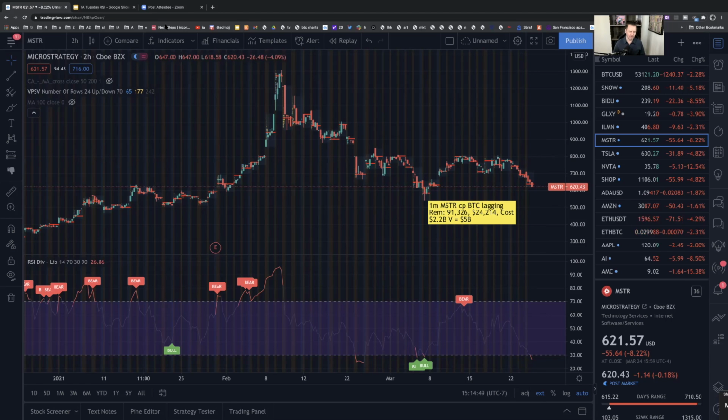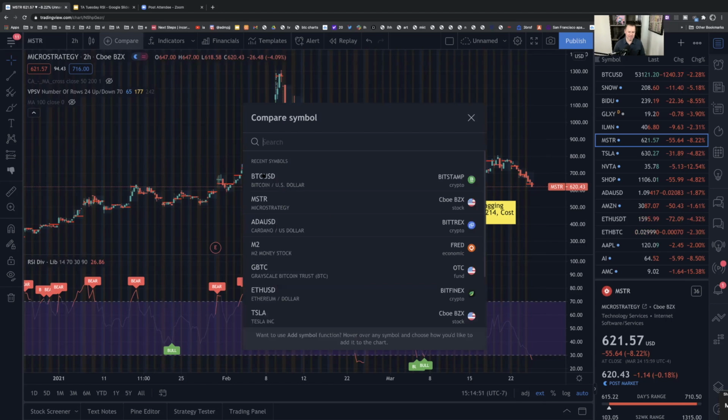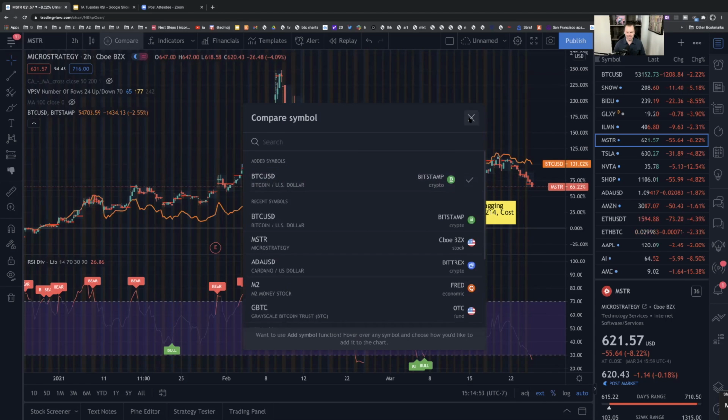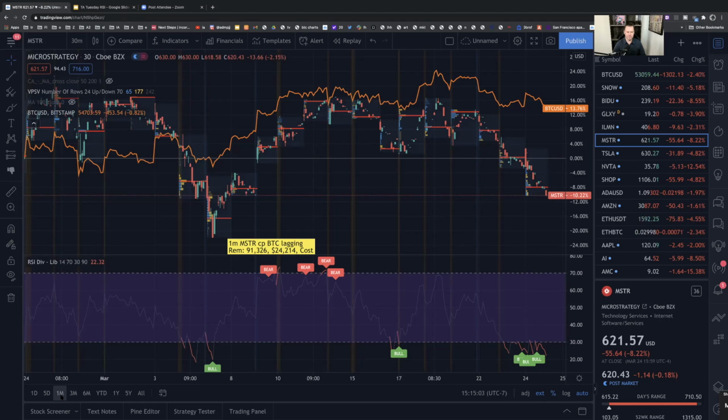Now let's do something I always like to do. I like to compare this to the price of Bitcoin to find out exactly where we are. What does this tell you? So over the last month, if you imagine a month ago, Bitcoin has gone up 14% and MicroStrategy has fallen 10%. Now, there were times when MicroStrategy was completely out of whack and it went far higher than Bitcoin, especially at the end of Feb timeframe.